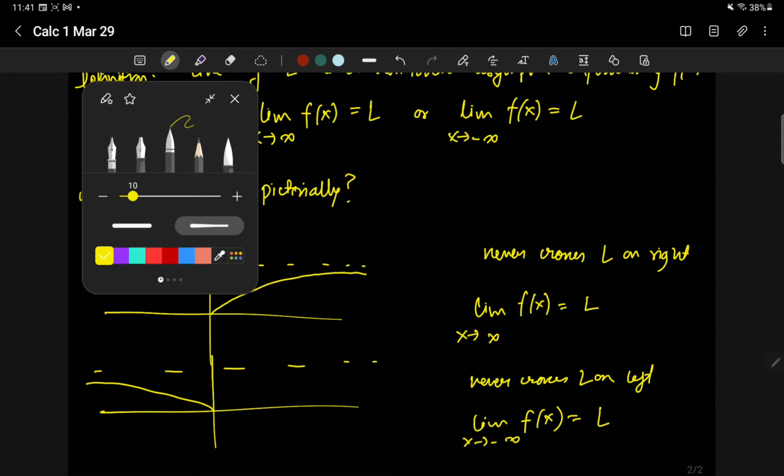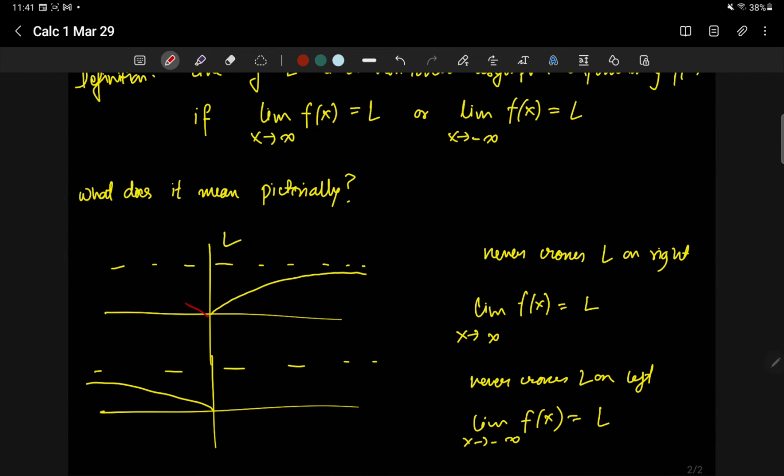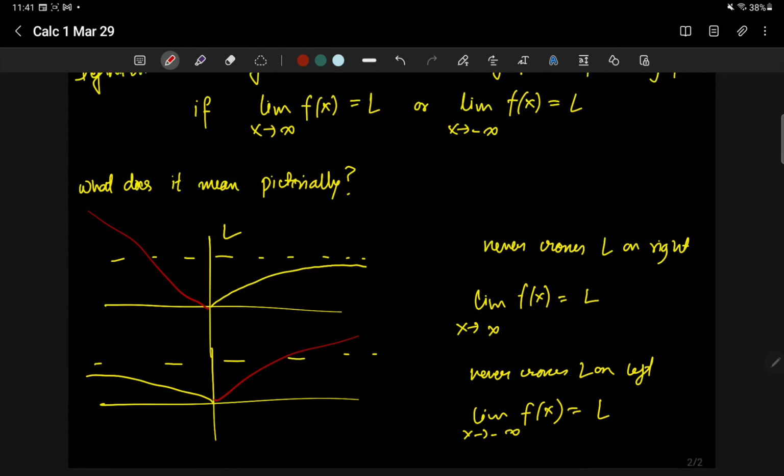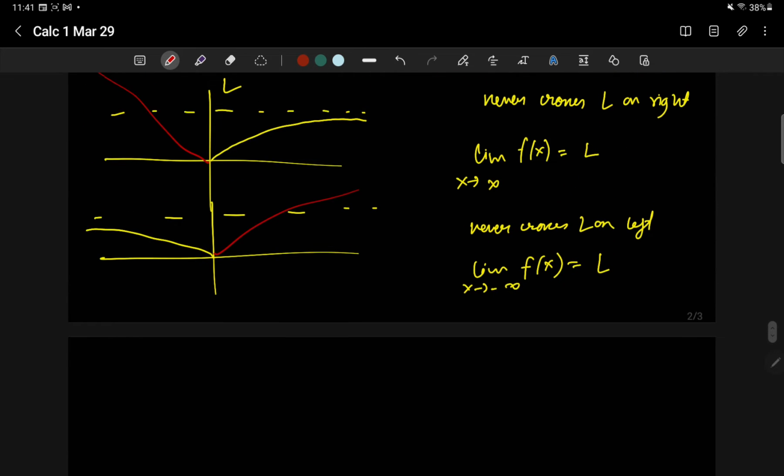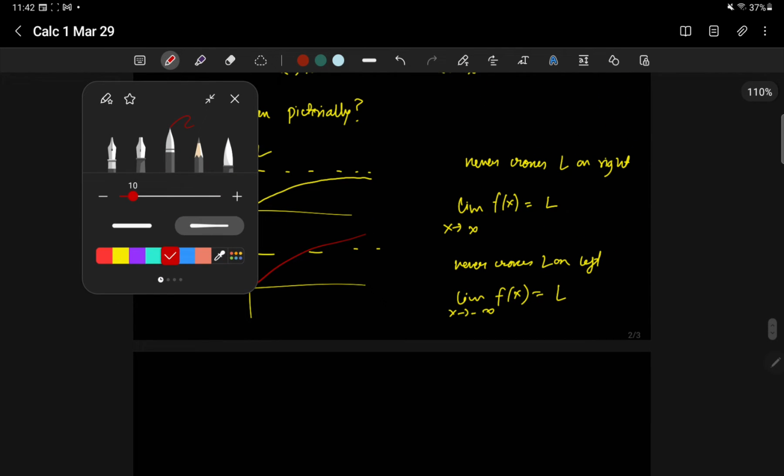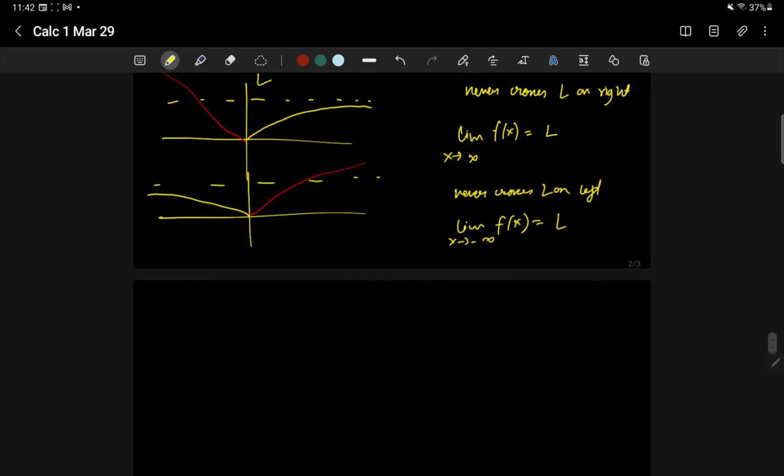Now, an important thing here is that it could cross on the left in the first, and it could cross on the right in the second, as long as we are using the right notation. So just because it's a horizontal asymptote doesn't mean it cannot cross. It just means that wherever there is an asymptote, it cannot cross, like at infinity. And then the third case is if it's an asymptote in both directions.